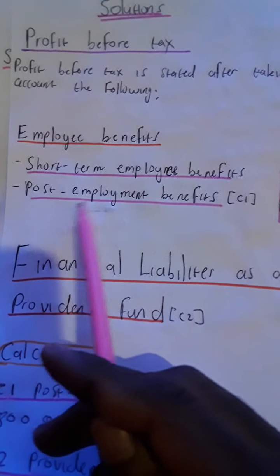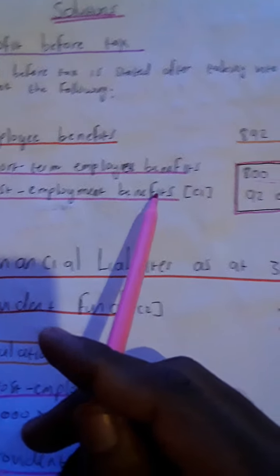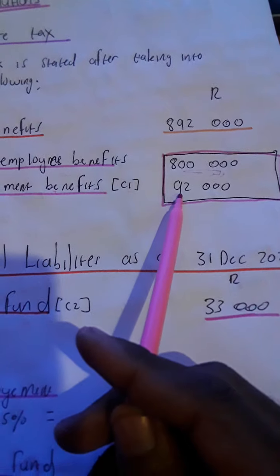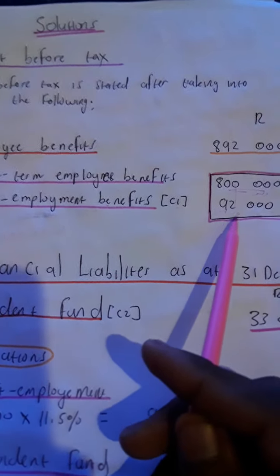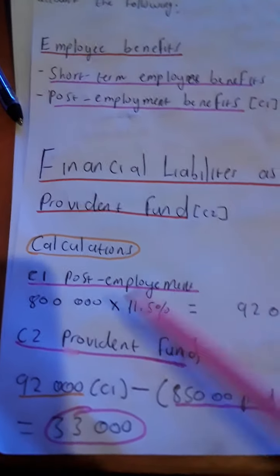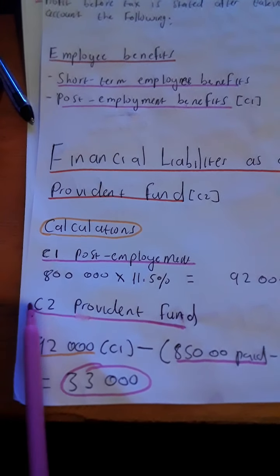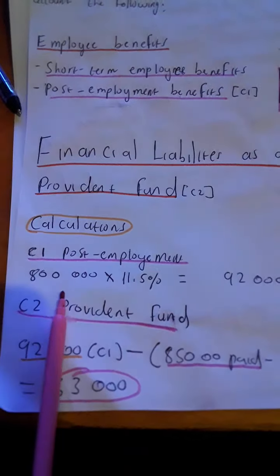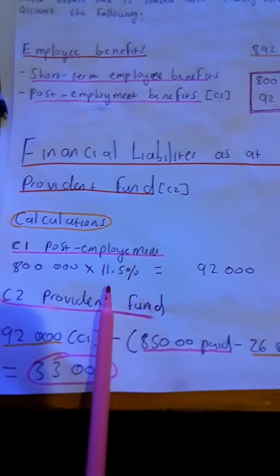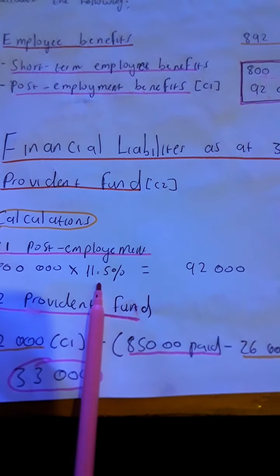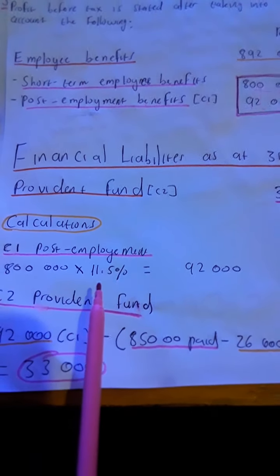And now the post-employment benefits. Now this we have to calculate. We got 92,000 for the post-employment benefits. Now how did we get to this figure? Let me show you here. Our gross remuneration is 800,000, right? And remember, the information in the question said the contribution to the provident fund is 11.5%.